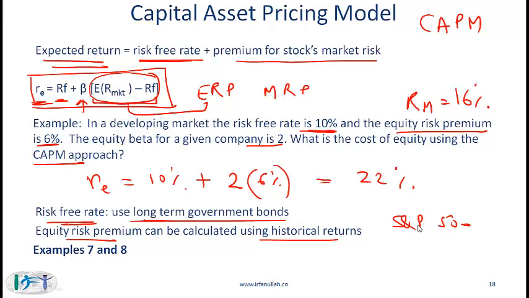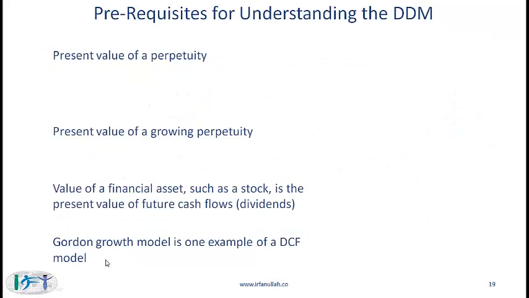You look at the index returns relative to the returns on the risk-free investment. The difference will allow you to come up with the equity risk premium. Now I want you to do examples 7 and 8 from the curriculum.